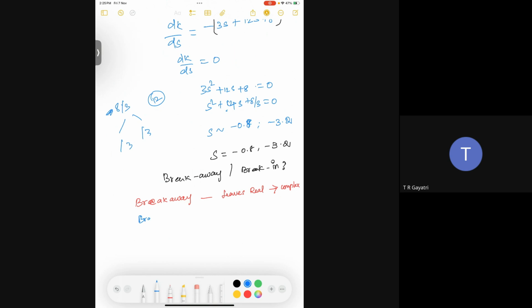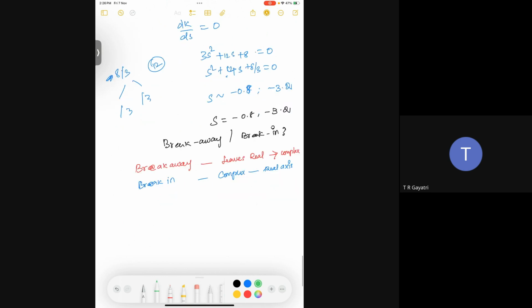Similarly, break-in: it comes from the complex plane and ends in the real axis. But importantly, breakaway will happen between two real poles.